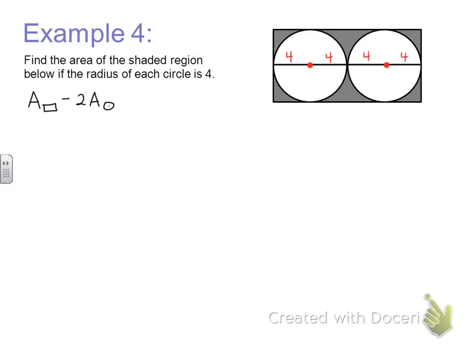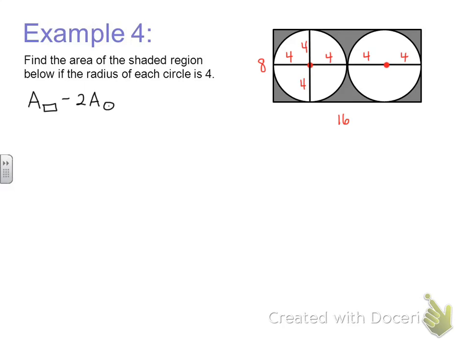So total, how much is that? 16, right? Similar to that, you can find the height of the box by looking at the vertical radiuses, or radii, and you'll notice that you have just 2 4s going vertically, which make up 8.